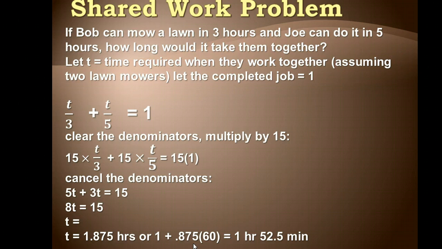This is in hours, so to convert it to minutes you multiply by 60, because 60 minutes is 1 hour. 0.875 times 60 is 52 minutes, so the answer is 1 hour and 52 minutes.